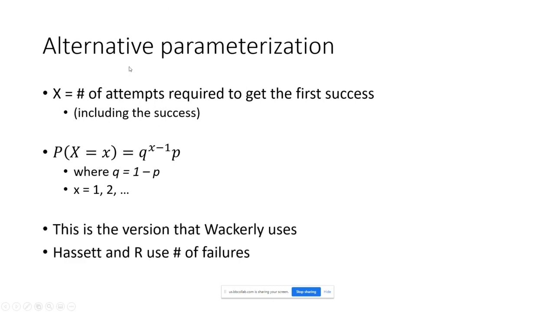So this alternative parameterization is the version that Wackerly uses. Hassett and R use the first version that we saw, letting the random variable be the number of failures or no results.